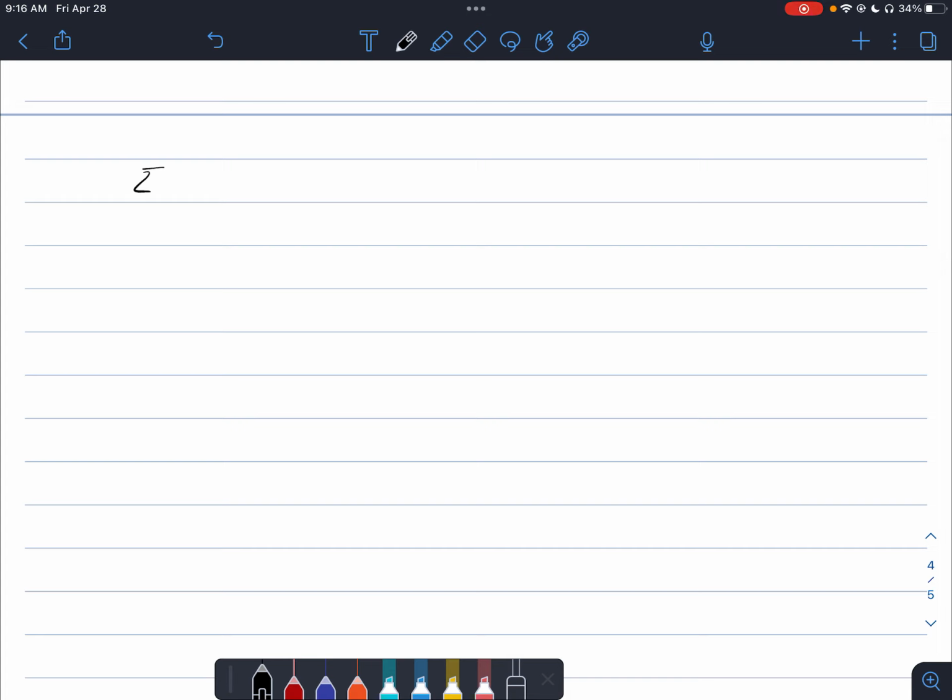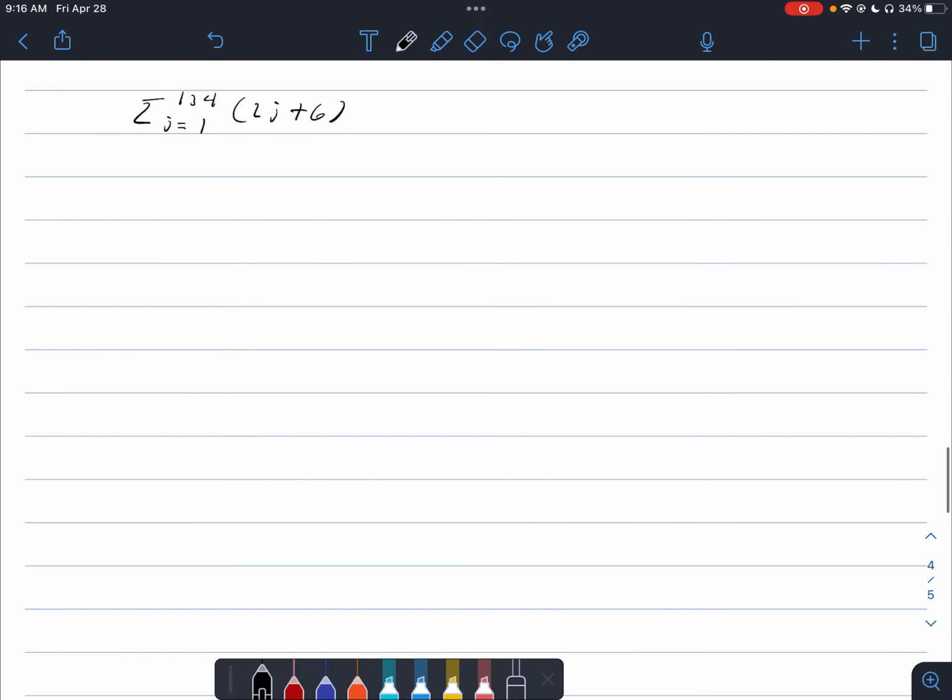Specifically, you might see sigma with a little j equals 1, and then up to some arbitrary number up here, which we'll say is 134 for this example, and then some expression here, 2j plus 6. What you're really seeing here is you are plugging in each successive term and summing them all up.